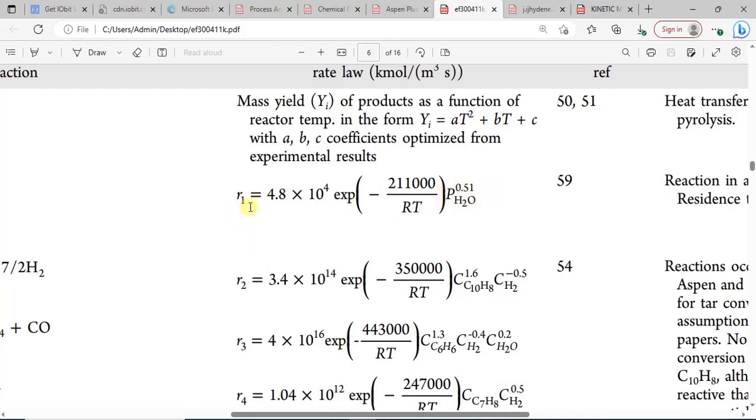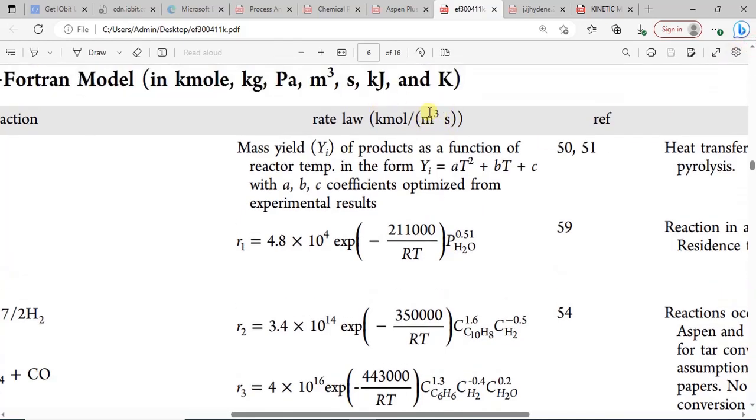So from the rate expression you get the concentration basis, while from the rate unit you get the rate basis. So this one, the rate basis is reactor volume, the concentration basis is partial pressure.